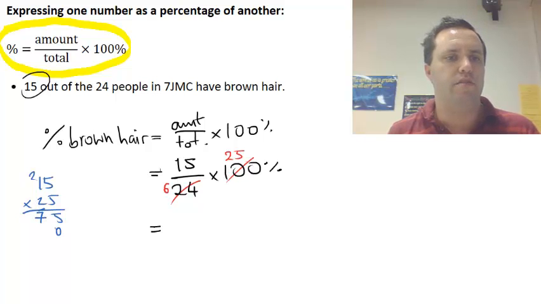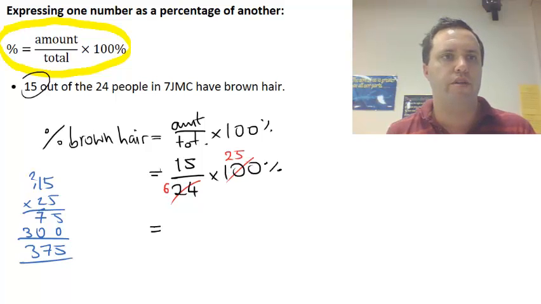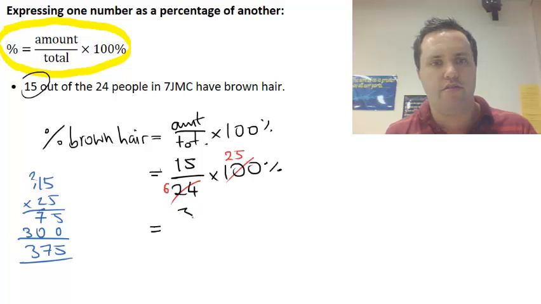Now moving on to tens: 2 fives are 10, 2 ones are 2, plus 1 is 3. It's going to be 375. So we know that this is 375 over 6%.